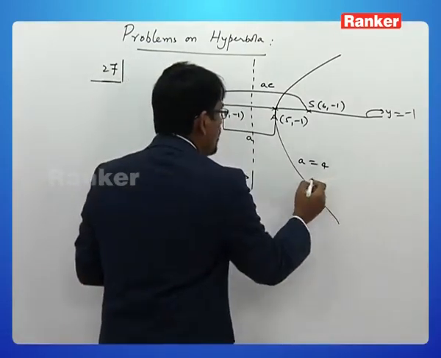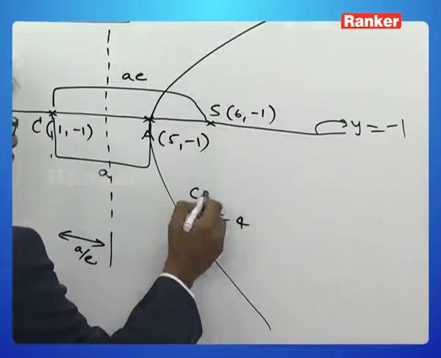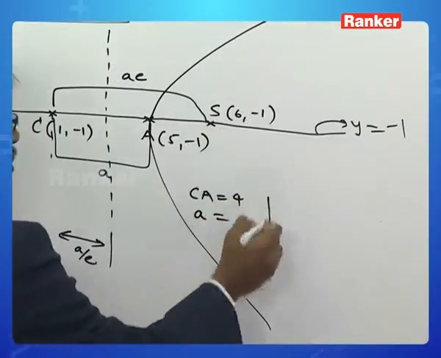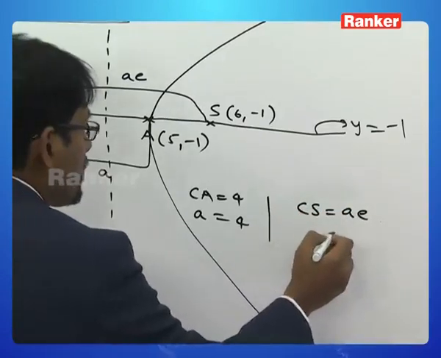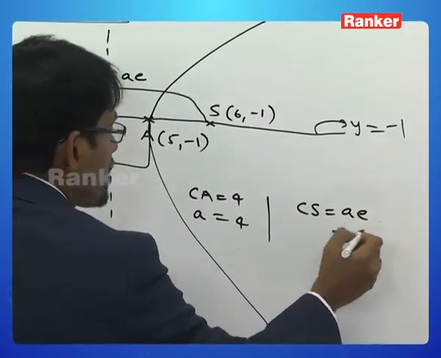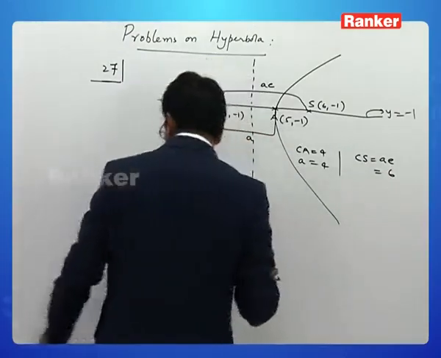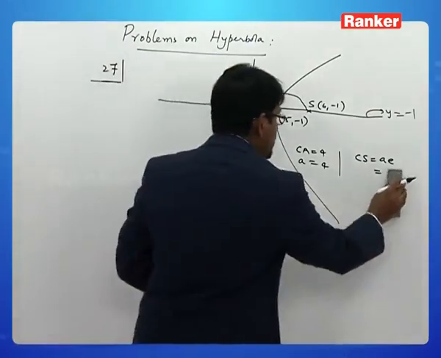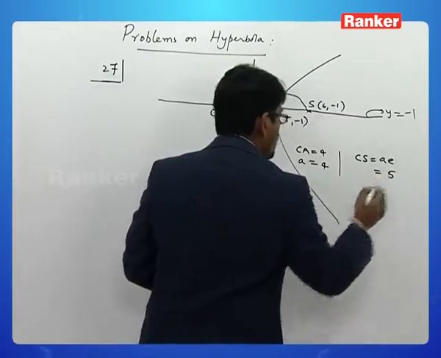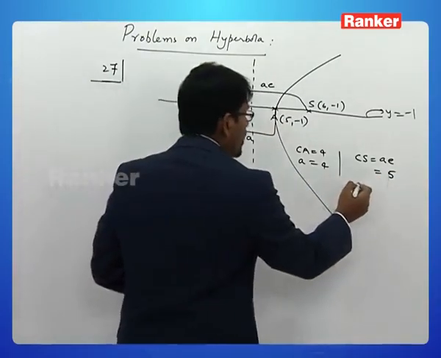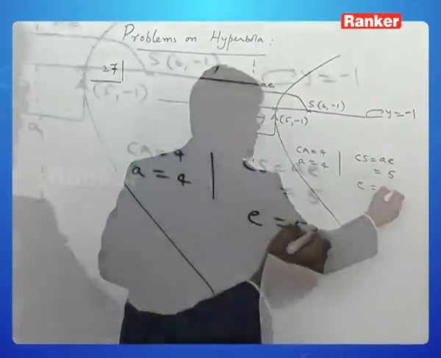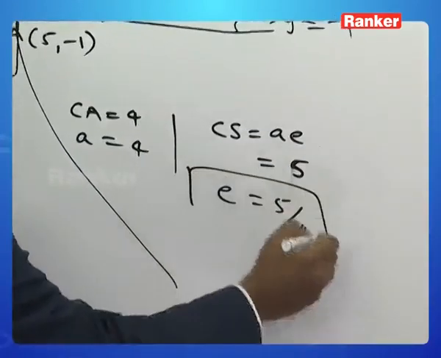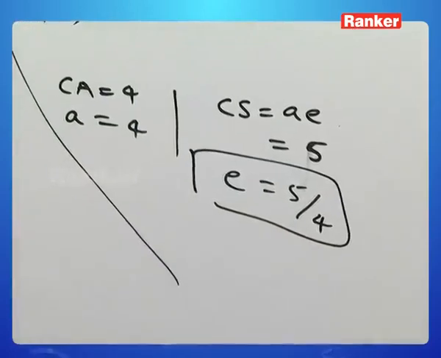And the distance from the center to the focus, CS, that is AE, is 5 units. So this gives me E equal to 5 by 4.